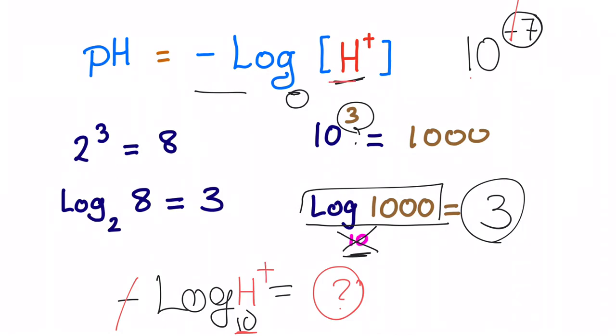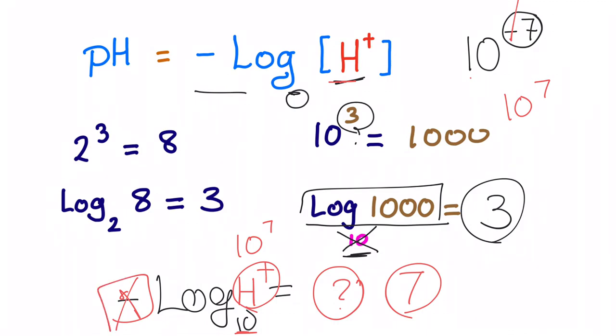So the hydrogen ion concentration is 10 to the negative 7th power, and here is the negative.